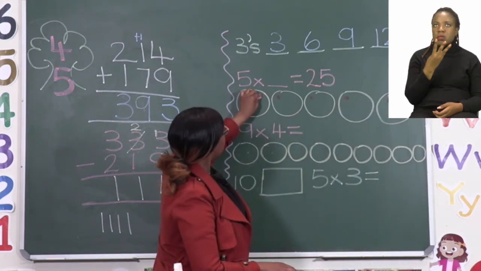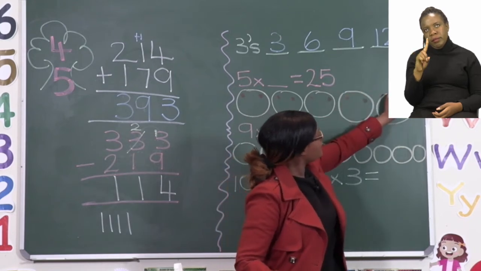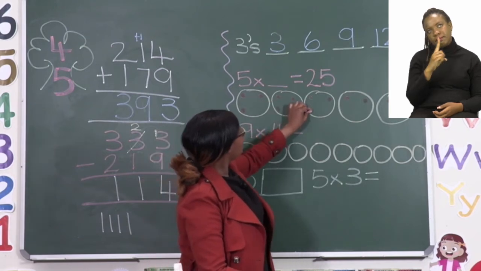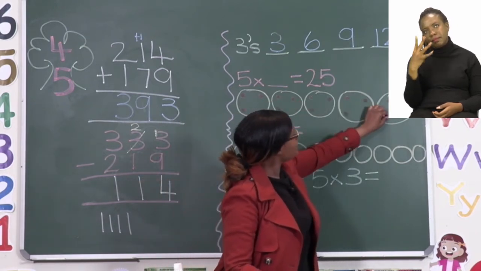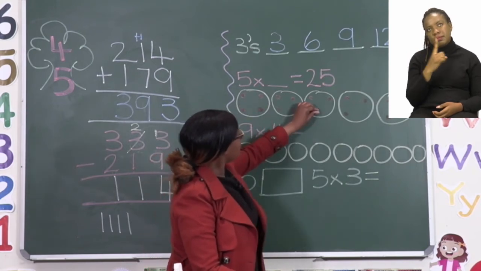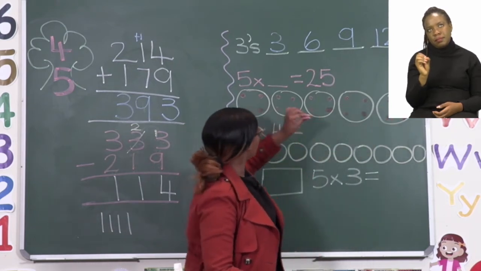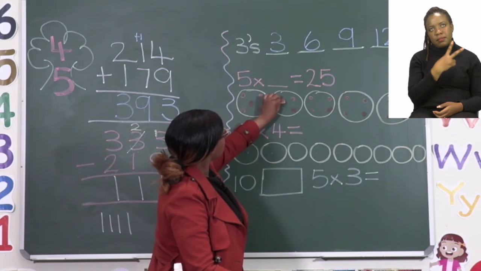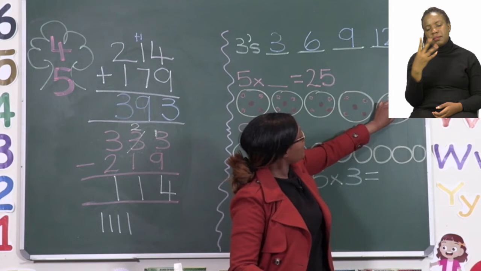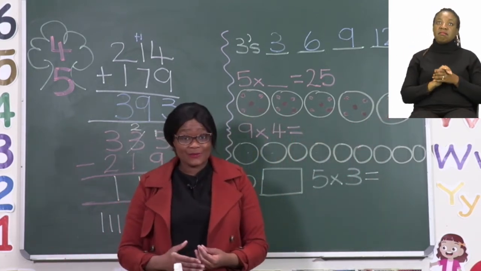Let's count on 6, 7, 8, 9, 10. Count on 11, 12, 13, 14, 15, 16, 17, 18, 19, 20, 21, 22, 23, 24, 25. I have shared 25 equally.